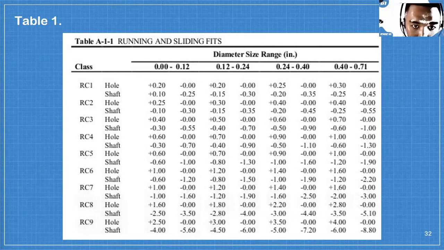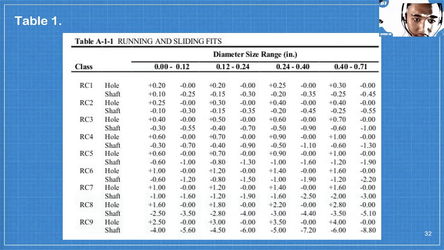yung nasa right side niya, ito yung hole tolerance niya, and sa baba naman, ito yung shaft tolerance niya. Example, ang diameter size range natin is 0.5. Tapos ang gamit natin ay RC2. Ang magiging hole tolerance niya for RC2 is positive 0.40 and negative 0.